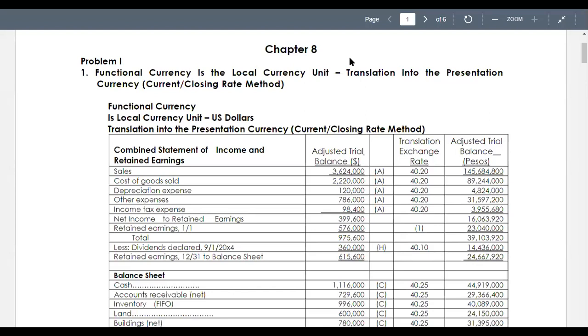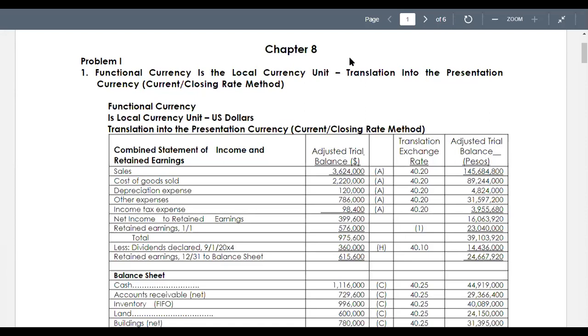Now, how do we assign rates under the current rate method? First, assets and liabilities, both monetary and non-monetary, are translated at the current or closing rate.